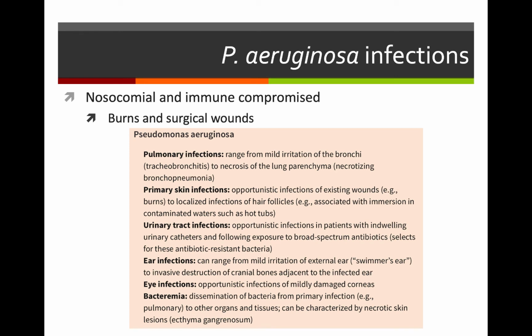It can also cause urinary tract infections, ear infections. And that can be pretty mild. If you've ever had an external ear infection that they sometimes call swimmer's ear, that's going to be most likely a very superficial Pseudomonas infection. However, it can, of course, become invasive, destroy the cranial bones, etc.